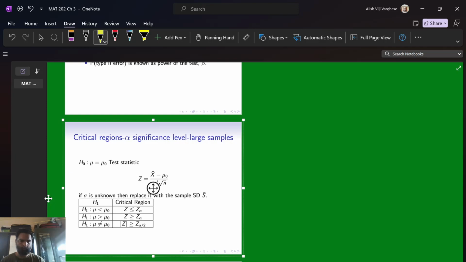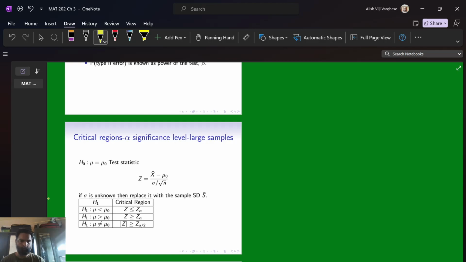These are the three possible alternative hypotheses. And for the test statistic, we calculate X bar from the sample and we normalize it, since z equal to (X bar minus mu naught) divided by sigma by root n is the standard normal random variable.